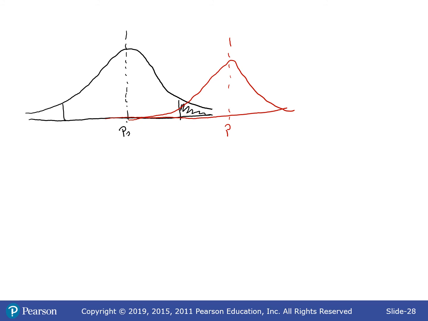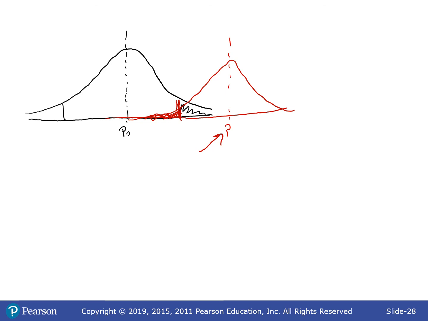And so what we would do is we would find this value. So the type 2 error is failing to reject when you should reject. So when you fail to reject, that means you get something in this area. So we find the probability of getting something in this area if this is our null hypothesis.